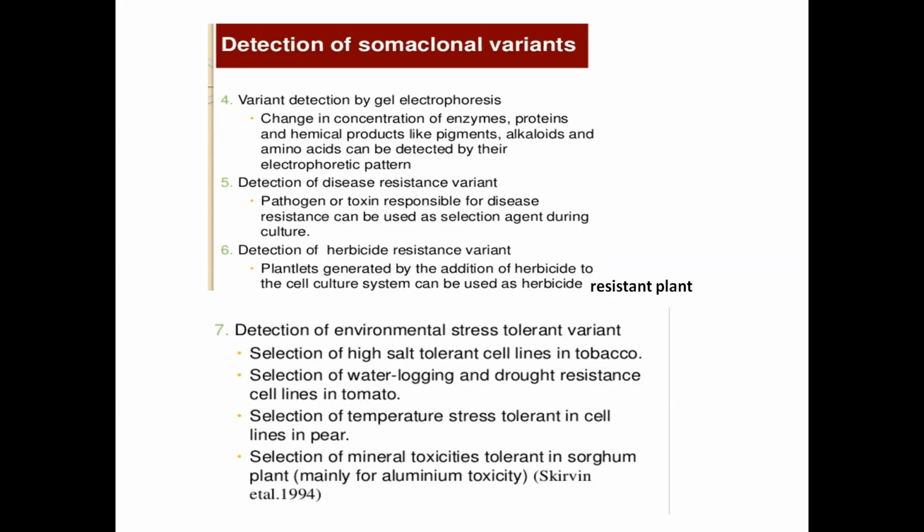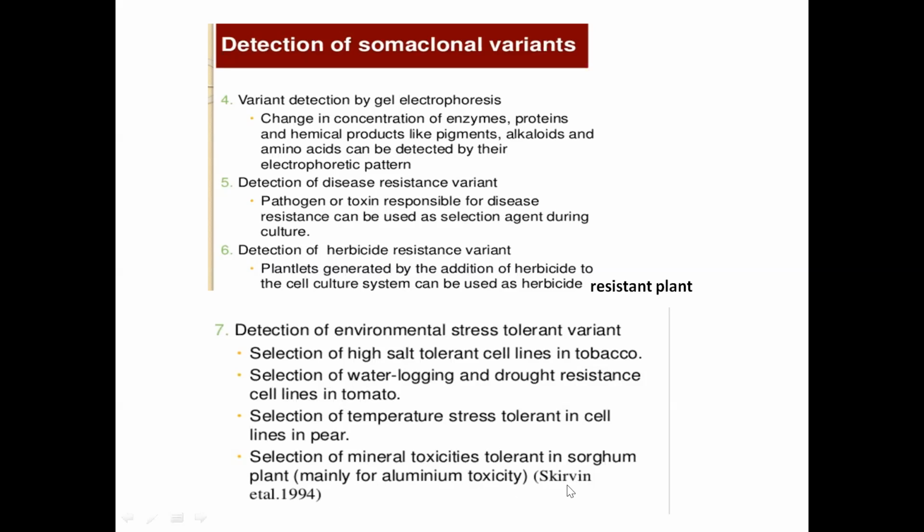So if you can raise a rice variety through tissue culture to be resistant to a particular concentration of saline, you can raise that rice in that particular soil. Selection of waterlogging and drought resistant tomatoes has been done. Selection of temperature stress tolerant pears has been done. Selection of mineral toxicity tolerant sorghum, for aluminum toxicity, has also been done.